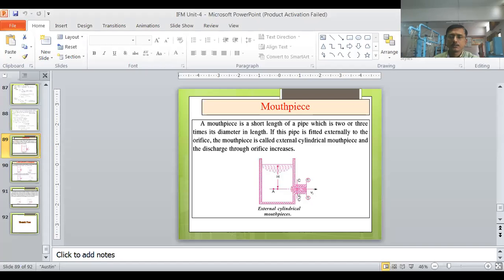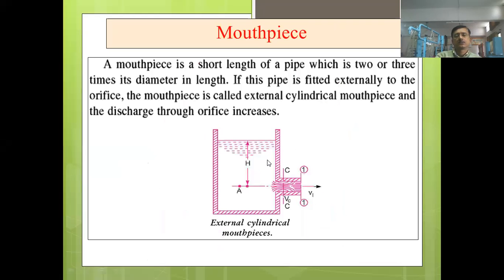Unit number 4. So first of all, write down the title of this mouthpiece. Then write down the definition of the mouthpiece and draw the diagram. You can note down all these things from this slide.